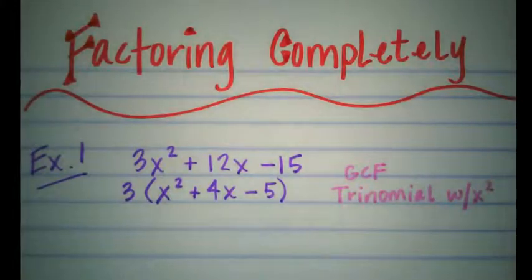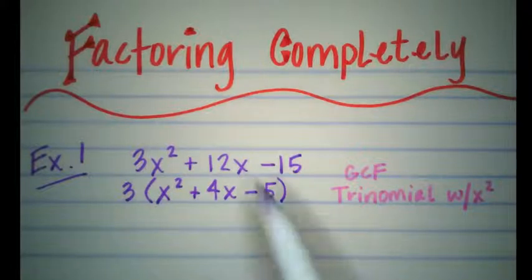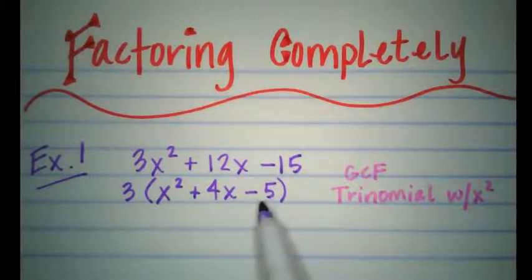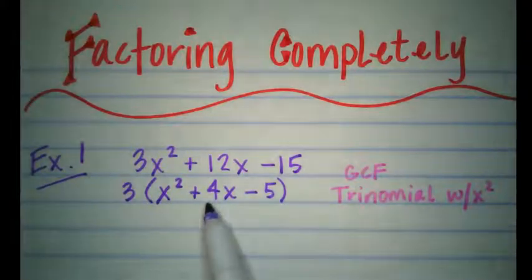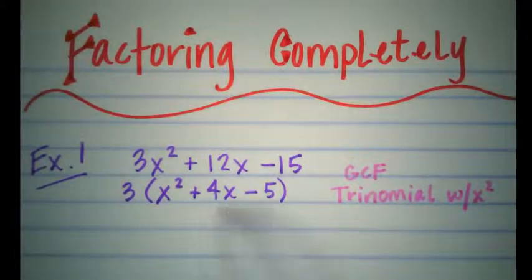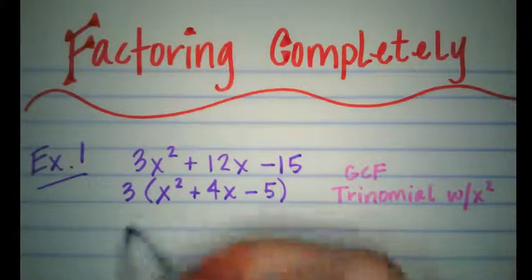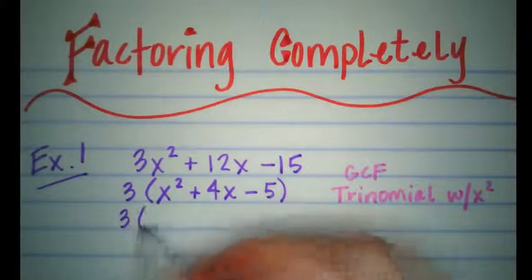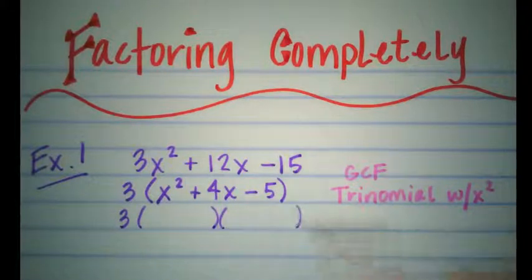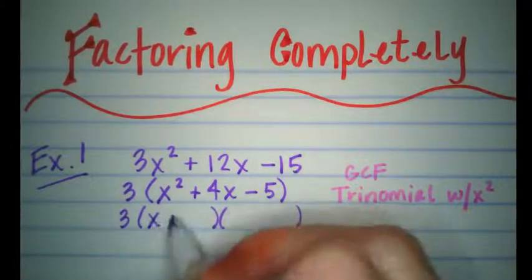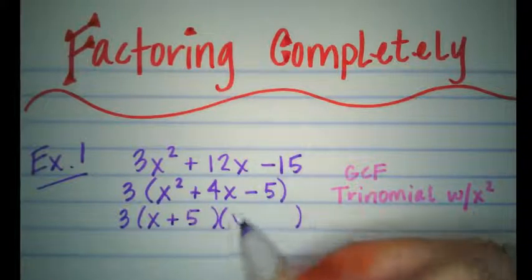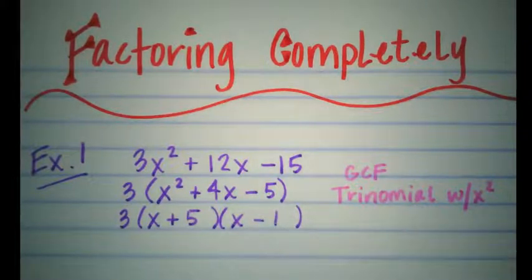So what we need to do here is think about, well, you could do the big X if you wanted to, but we want to think of numbers that multiply to be -5 that would add up to +4. If you think about that for just a second, hopefully that means that you come up with a +5 and a -1.